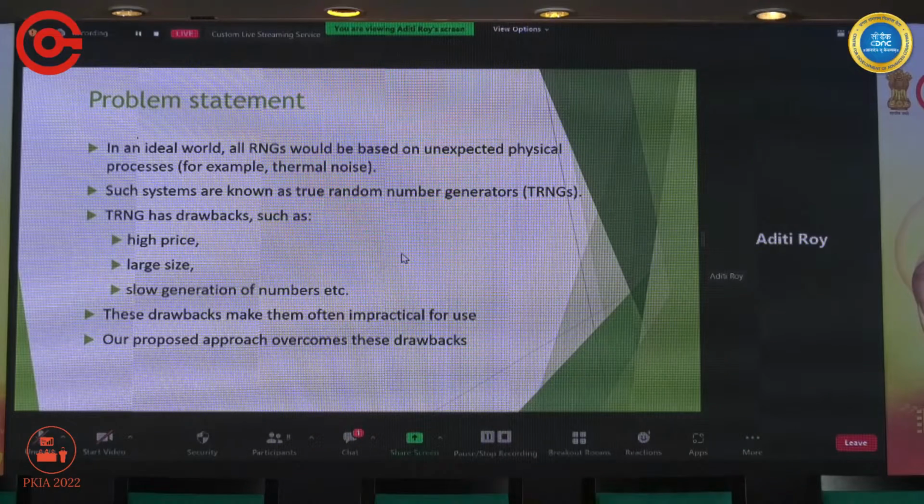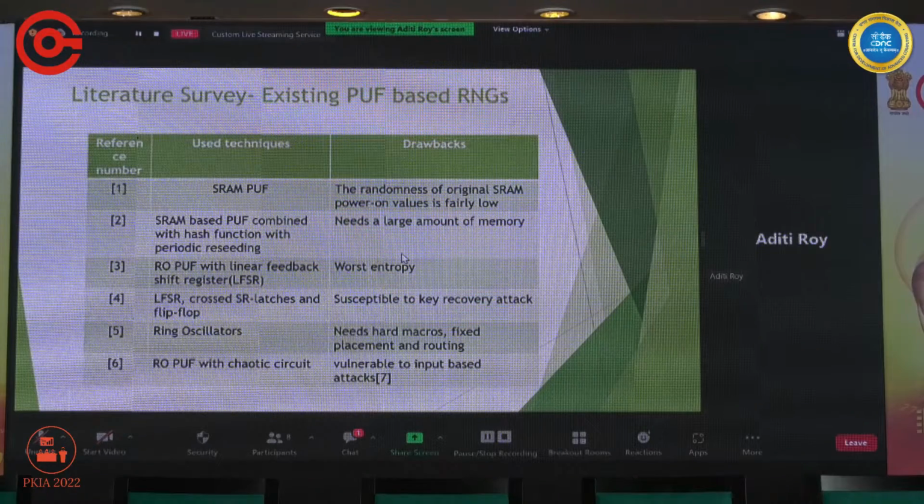But such systems have some drawbacks such as high price, a large size, and slow generation of numbers. These drawbacks make them often impractical for use. So our proposed approach will overcome these drawbacks, as we are using the Anderson PUF.